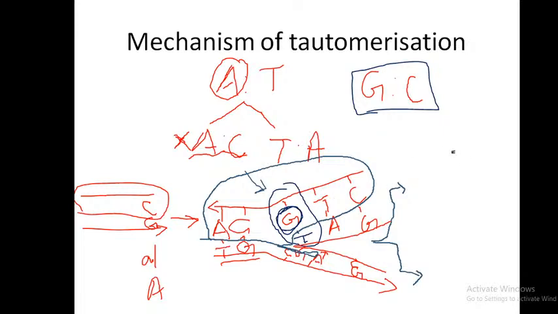And this strand is the replicating strand we have drawn here, and after replication what happens is one strand and another strand. Of course, from this strand it will be a normal one, and this will be a changed one.